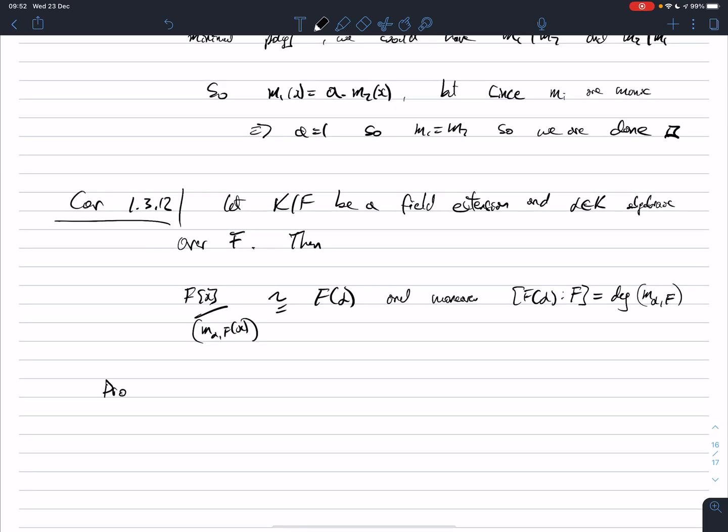And the proof, well, this is just combining a bunch of stuff that we have. So I'll just give you the numbers. This is Theorem 1.3.4 plus Proposition 1.3.2 and Proposition 1.3.10.